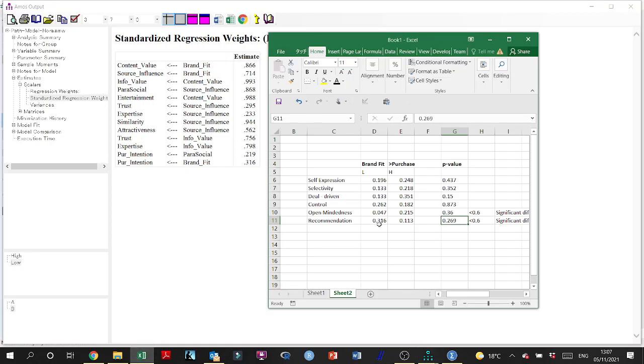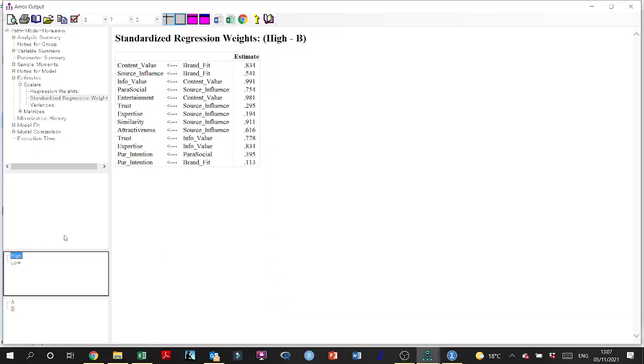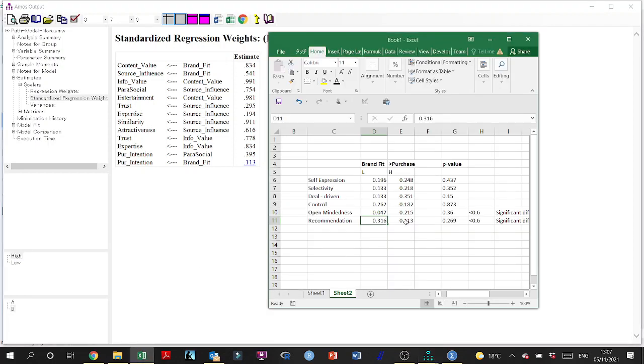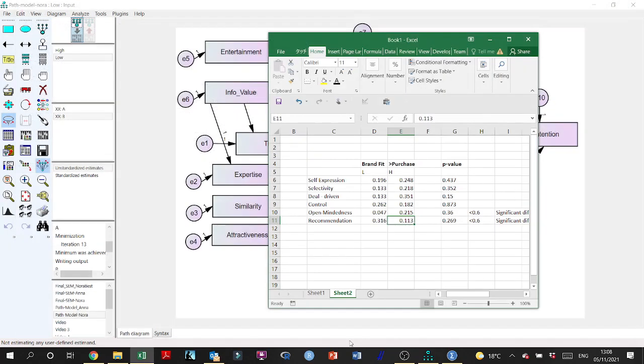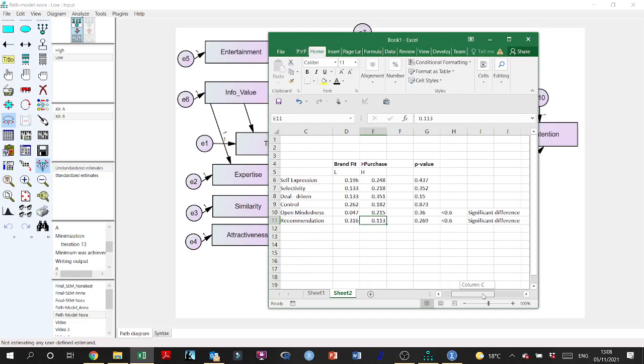So it is 316 for the low, and for the high it is 113, and I'm going to key in 113 and continue to do that. Be careful please, and make sure that you are taking the readings on the B model that has no constraints.